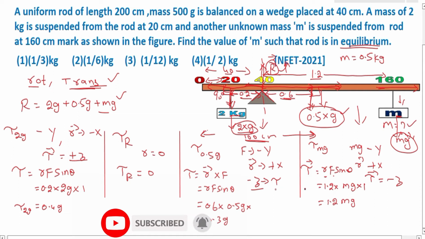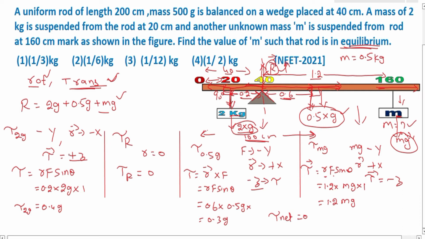Now the point is, the system is in equilibrium, that is, it is in translational equilibrium as well as in rotational equilibrium. Rotational equilibrium means the net torque should be 0, that is tau net should be equal to 0. If you observe, these torques are acting along the z axis.